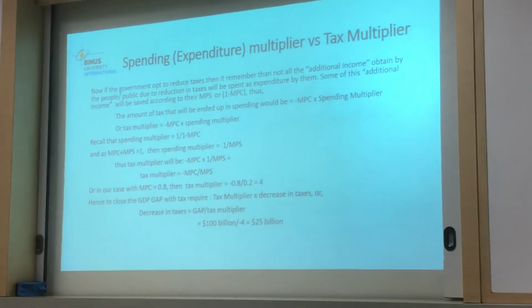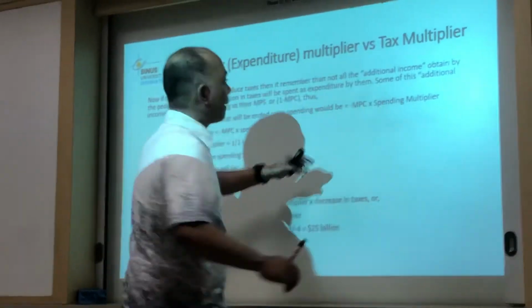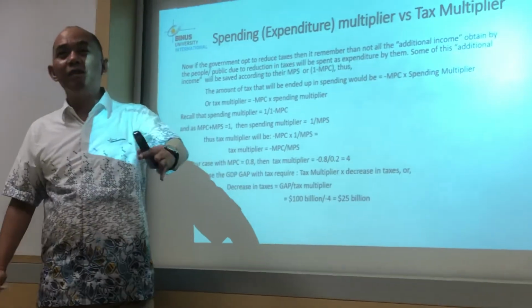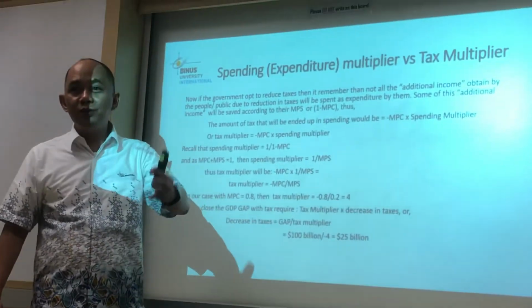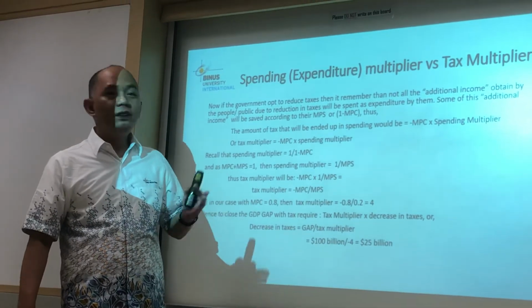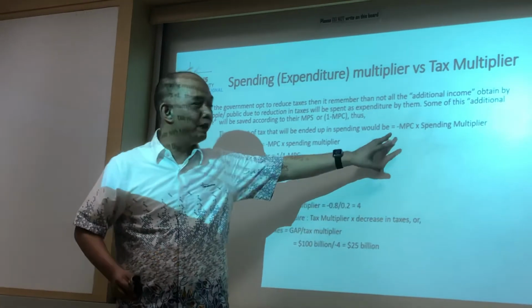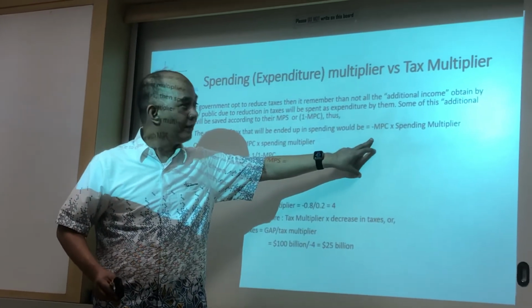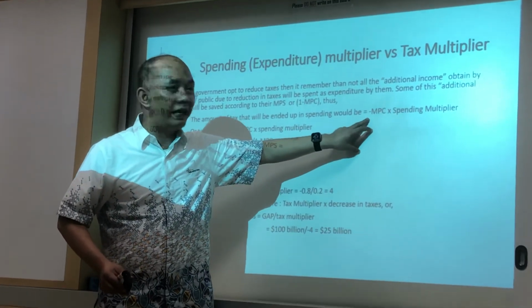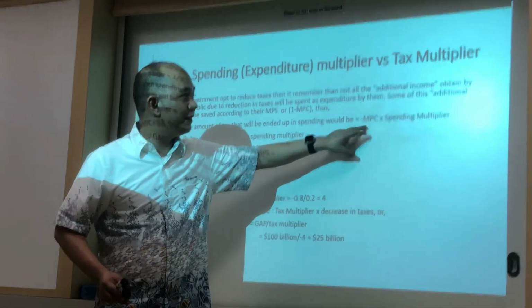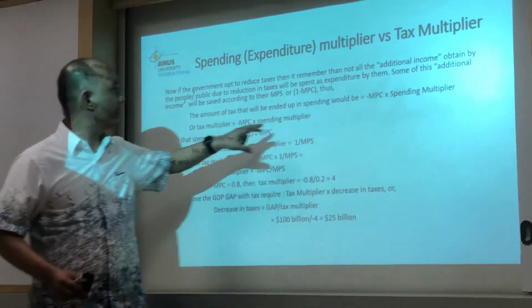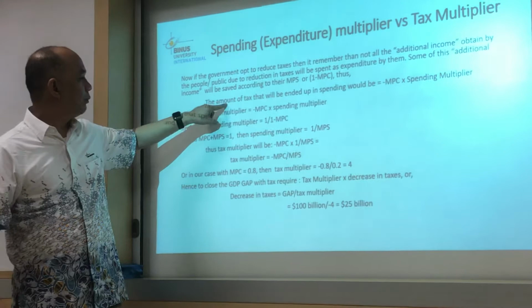Okay, the key is here. The tax rebate will not end up all in consumption, but only some of it, by the amount of MPC. So this is why there is a negative MPC here times the spending multiplier, which equals the tax multiplier.